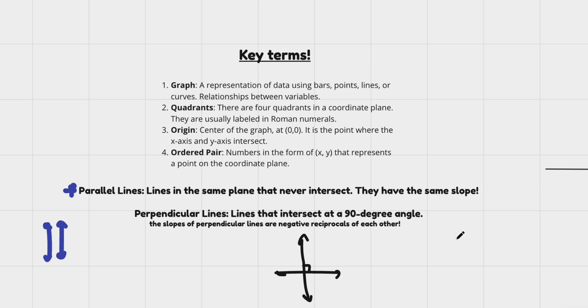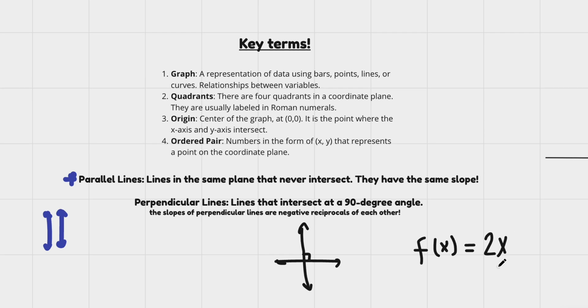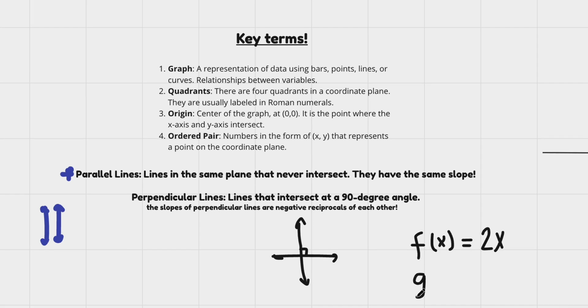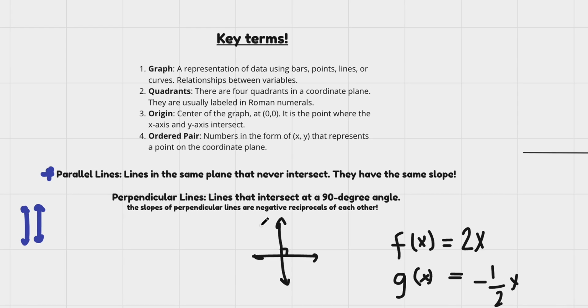So negative reciprocals just means if the slope of the function f of x was, let's say, 2x, then the slope of the equation g of x, which is perpendicular to f of x, would be negative 1 over 2x. That's basically what it means when it says negative reciprocals.